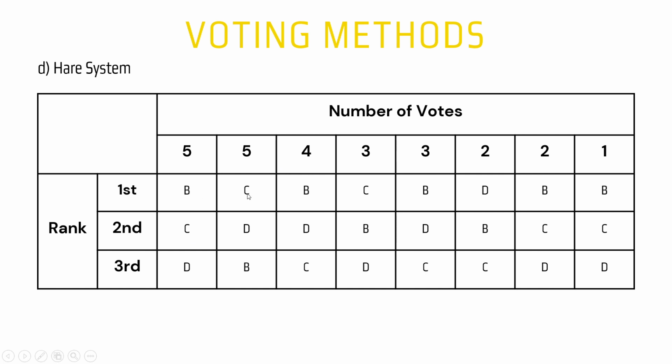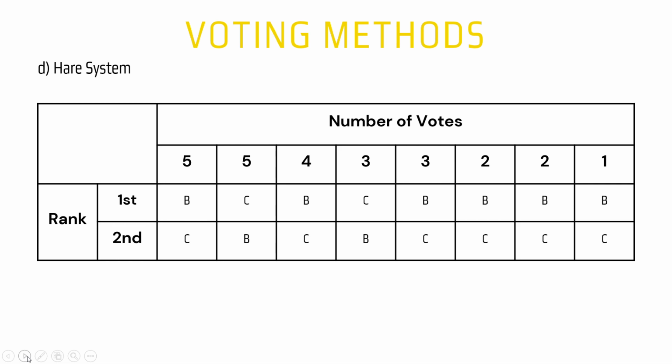By comparing B, C, and D, we can see that the candidate with the least amount of votes is D. So we will now eliminate candidate D, and we are left with B and C. By comparing B and C, we can notice that candidate B is more preferred than candidate C, since if we get the total of the first place votes for candidate B, we can see that B is more likely to be first place than candidate C. Therefore, by the Hare system, candidate B is the winner.